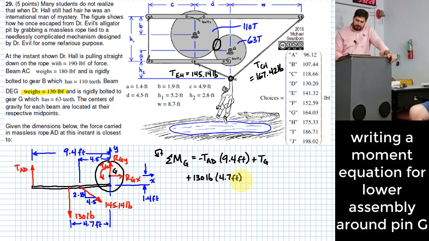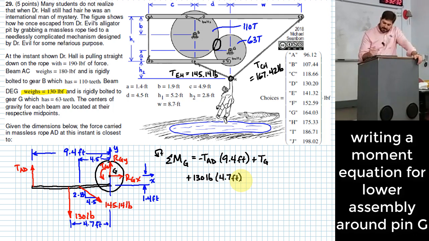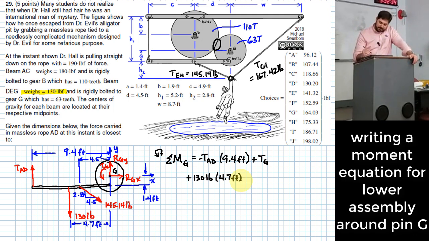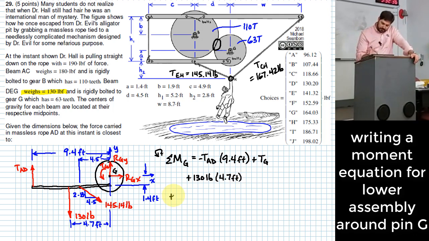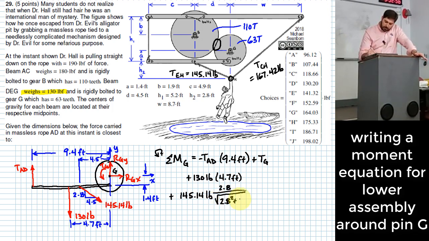Then what? Okay, to this I'm going to add 145.14 pounds. Let me start with just the vertical component. And so if I do that, I need this times 2.8 over the square root of 2.8 squared plus 4.5 squared.